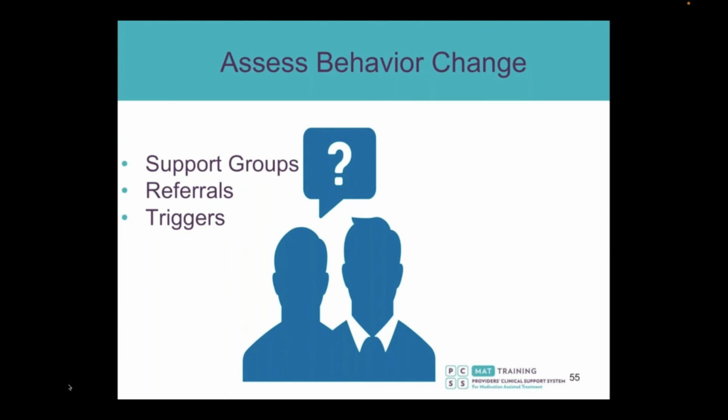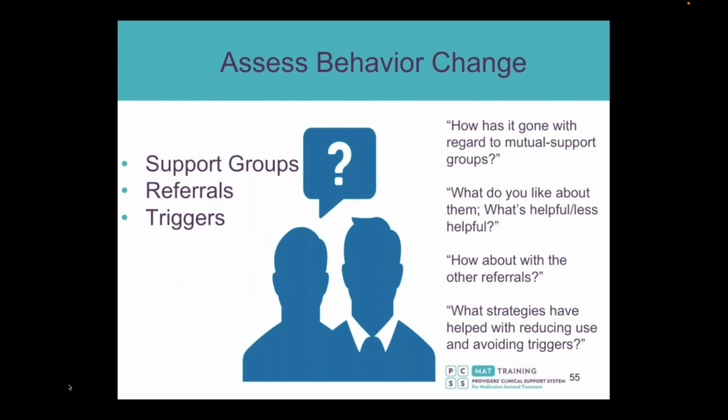Assessing behavior change has to do with the behaviors outside of the protocol of the SMM. So you'll ask things like, how are the mutual support groups, like AA, NA? But what is an evidence-based mutual support group? SMART Recovery. SMART is an acronym, and SMART Recovery follows cognitive behavioral principles of mutual support.